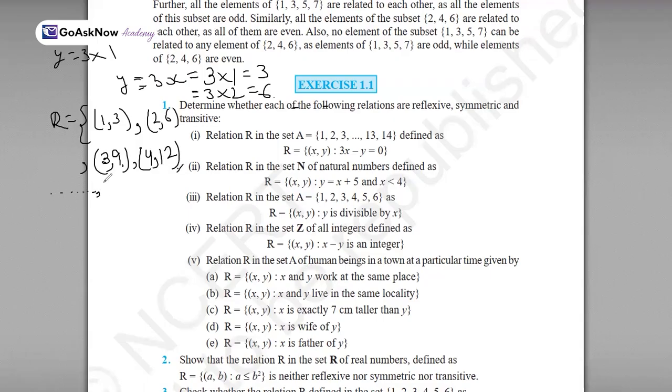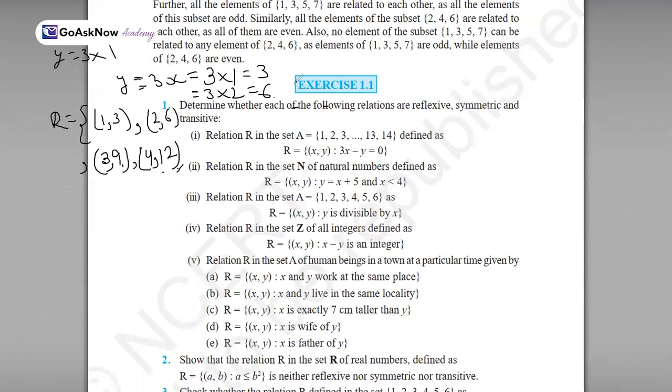For 14, I would have 42, but 42 is not in the set A. So the relation will terminate at 4 comma 12.